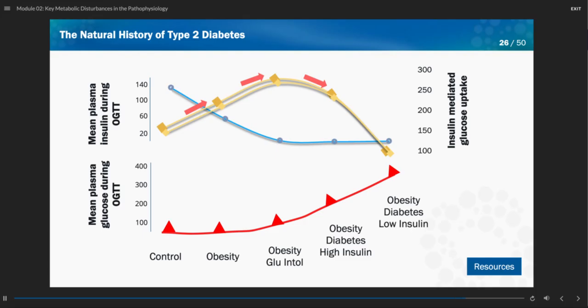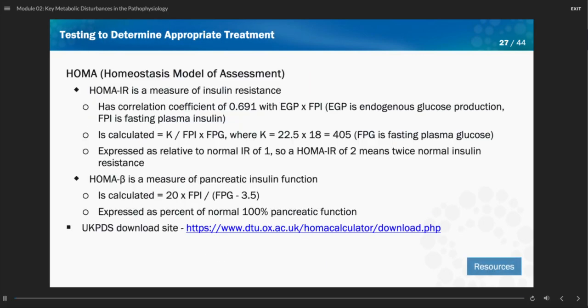And of course, that resistance bottoms out and stays low through the other areas: glucose intolerance, all the way through obesity, diabetes, low insulin, and end-stage disease with the pancreas burned out.